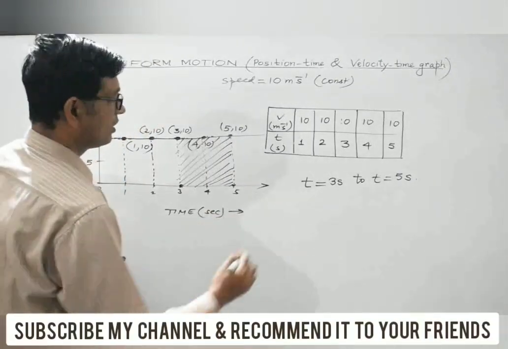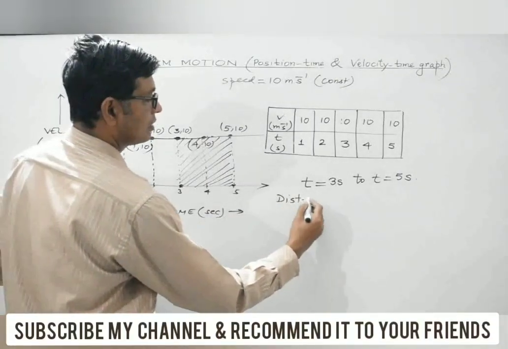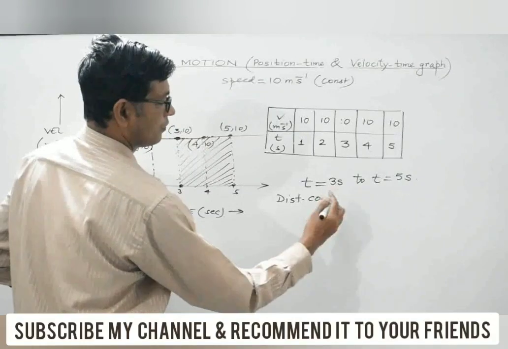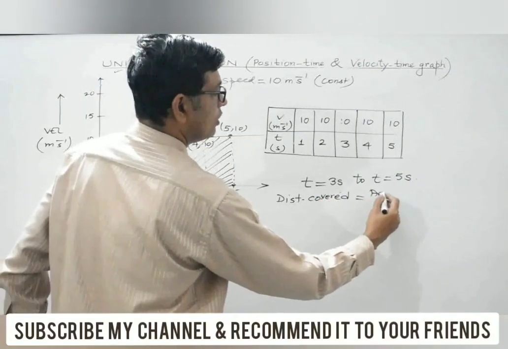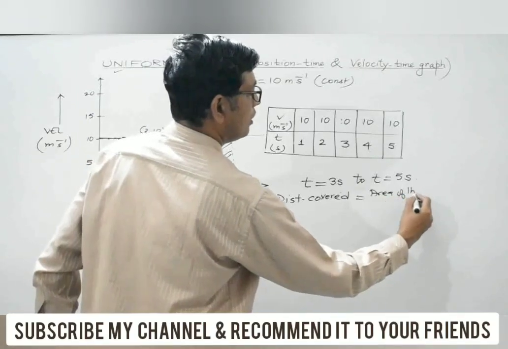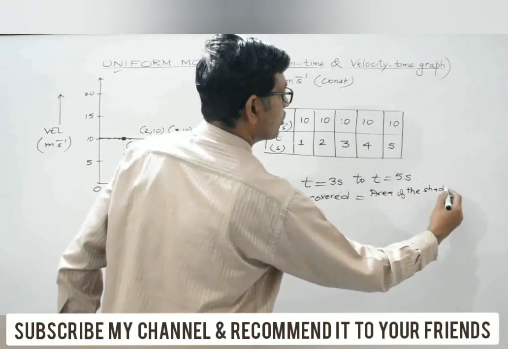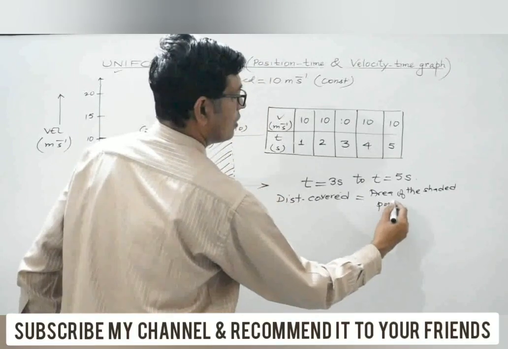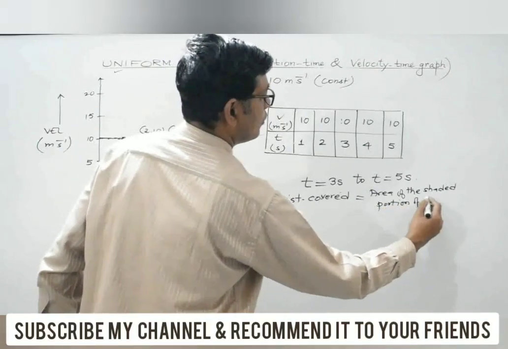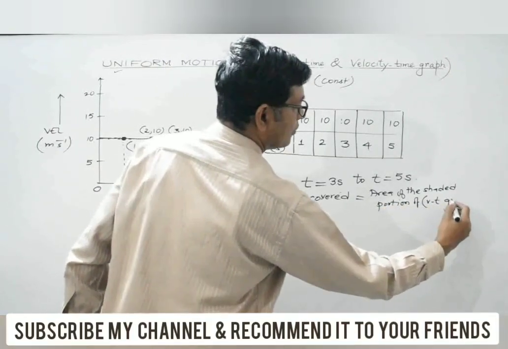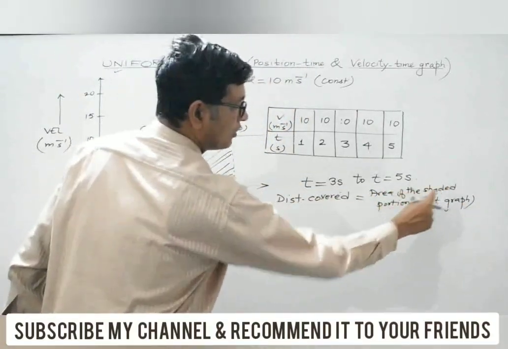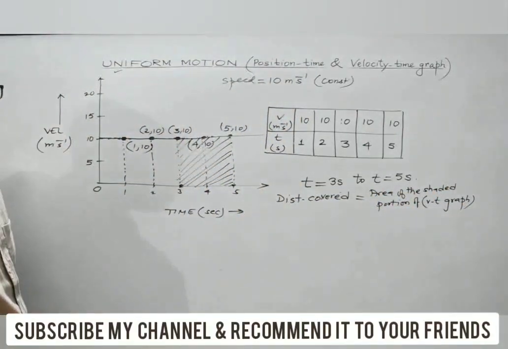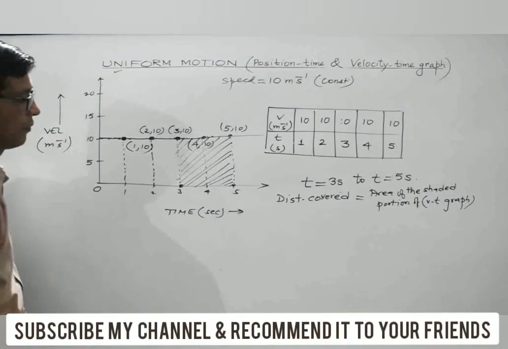So basically the point is distance covered would be equal to the area of the shaded portion of the VT graph, velocity time graph. Distance covered would be equal to the area of the shaded portion of the VT graph. Right? Let's check it out.